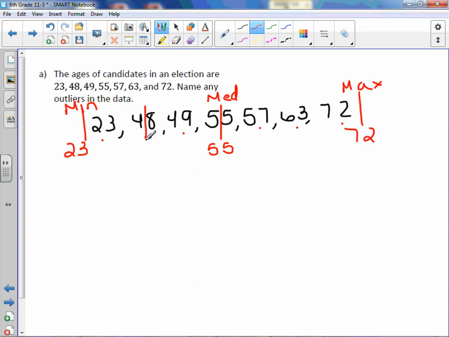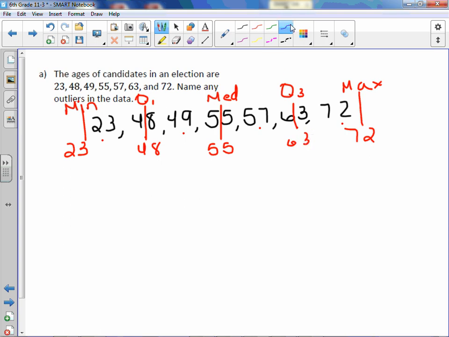So 48 would be the middle of this half. We don't include 55 because it's already being used. This line is straight through that number. So we only have 3 numbers on this side, 48 being in the middle. So this is our quartile 1. Same thing over here, 55 doesn't count. We have 57, 63, and 72. Our middle value, or quartile 3, is 63.